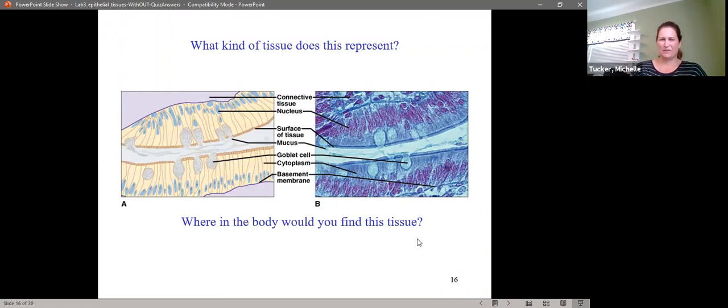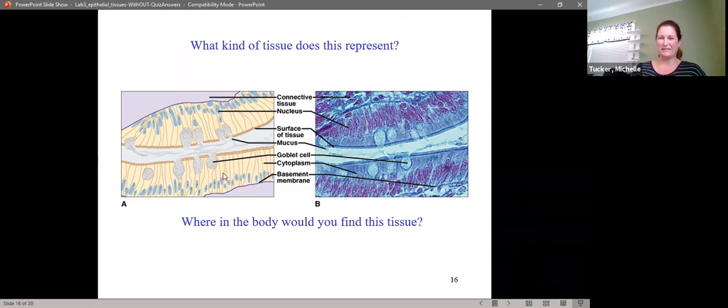So this one is more almost of a graphical representation, but again, you have a single layer. This is not the greatest. This is probably my least favorite slide, but it's supposed to be a single layer of rectangular cells.